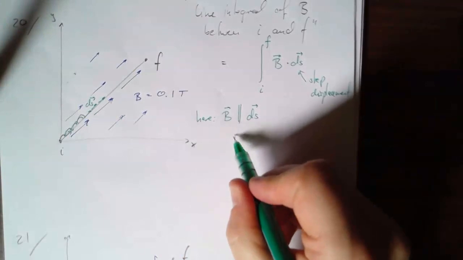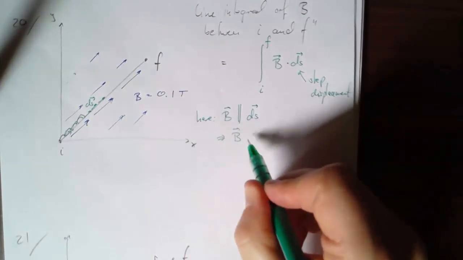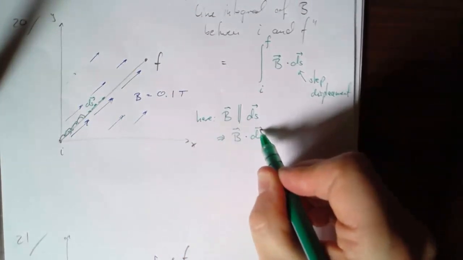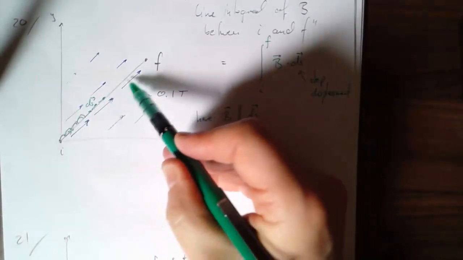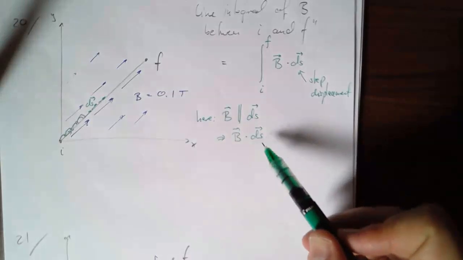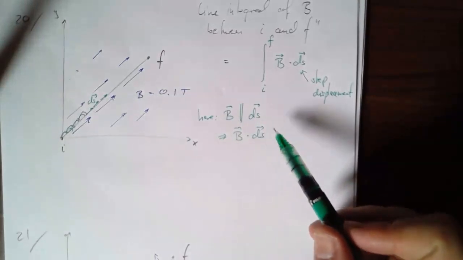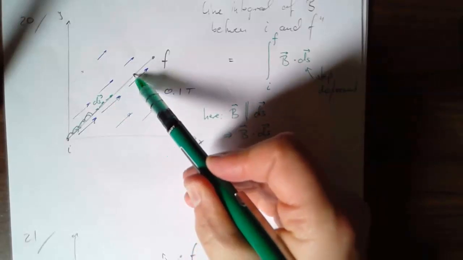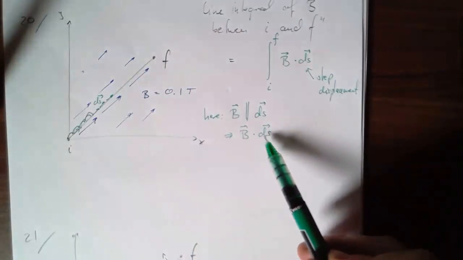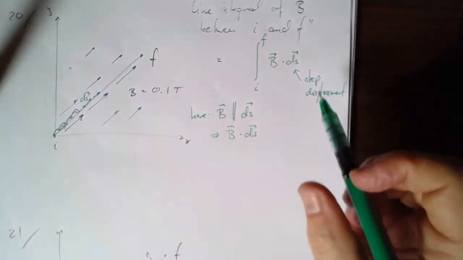So what does that mean? B dot ds, for any one of them, doesn't matter which ds, the first step, the middle step, the step over here, the last one, doesn't matter, because they're all in the same direction, and the magnetic field is always in the same direction. So whether I'm here or here or here, it's the same every time.